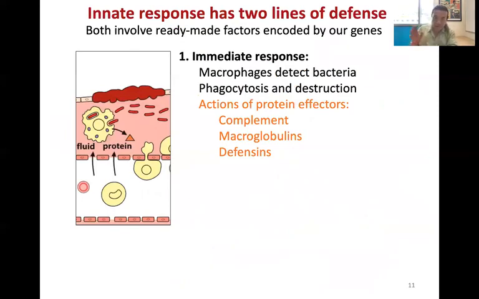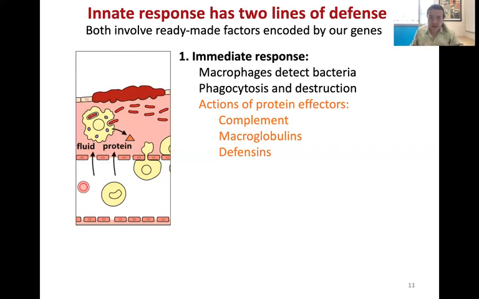So far we've been talking about the immediate response of our innate immune system, right? So some of the things that we've talked about as part of this immediate response are macrophages that are already there in your tissue, as shown here, patrolling around. They're like the mall cops, the very modest cost to maintain security system. If they bump into bacteria, they will phagocytose and destroy them.